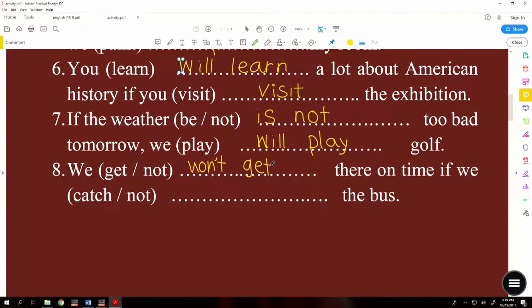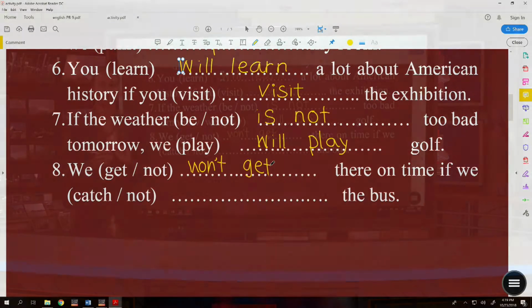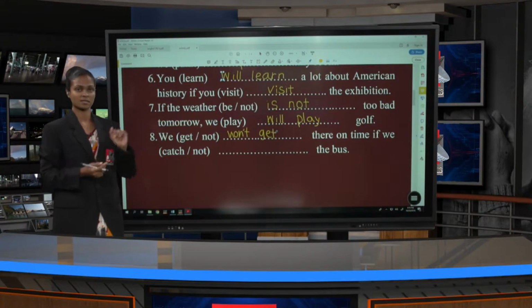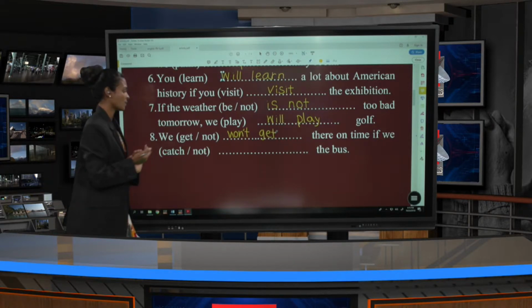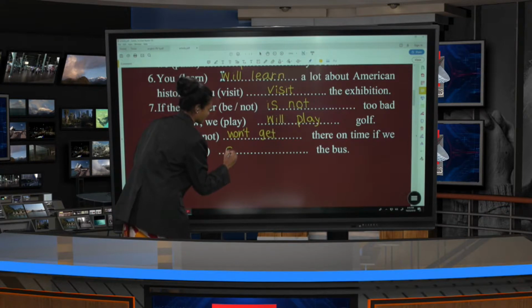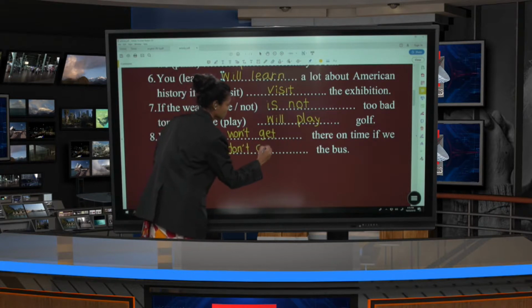Again there if. Then the if clause should be constructed using simple present tense. If we, and also negative sense. If we do not catch the bus. So you can contract it: if we don't catch the bus.